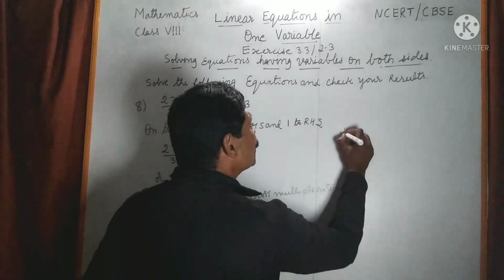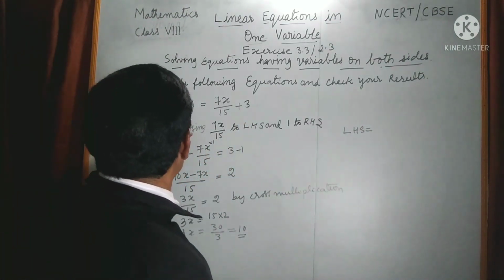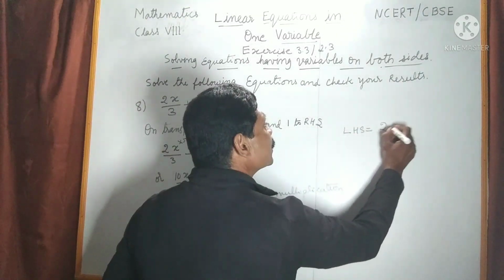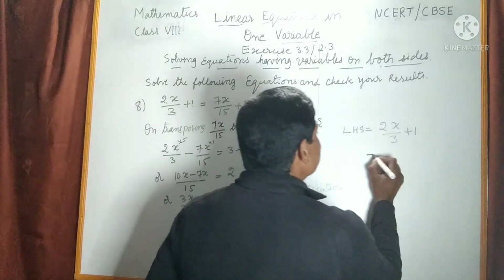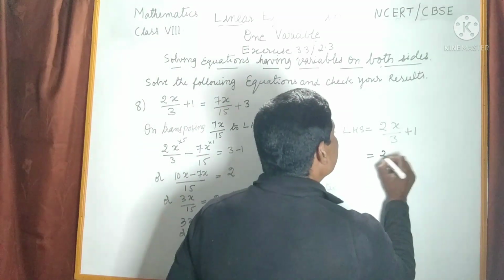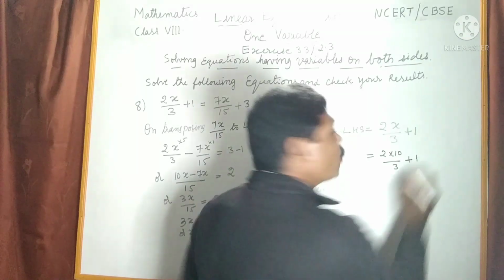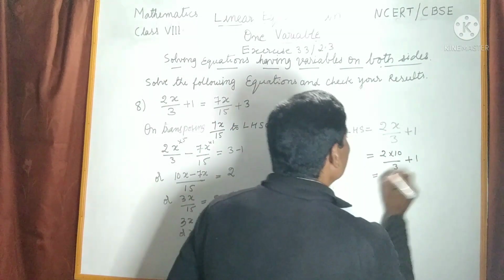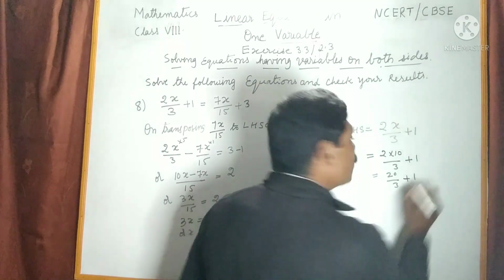LHS is equal to 2x by 3 plus 1. This is equal to 2 into 10 by 3 plus 1. This is equal to 20 by 3 plus 1.